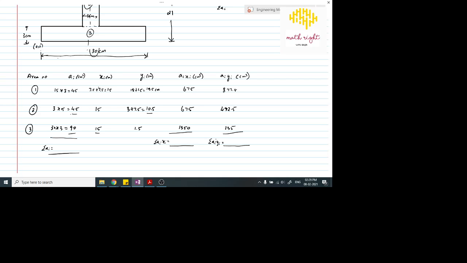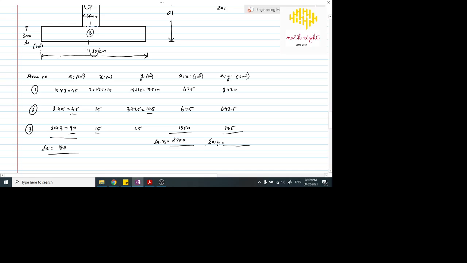Since we want to solve another problem, that problem has a little bit tougher, more complex geometry compared to this. 180. This sigma Ai is 180. Sigma Ai xi is 2700.